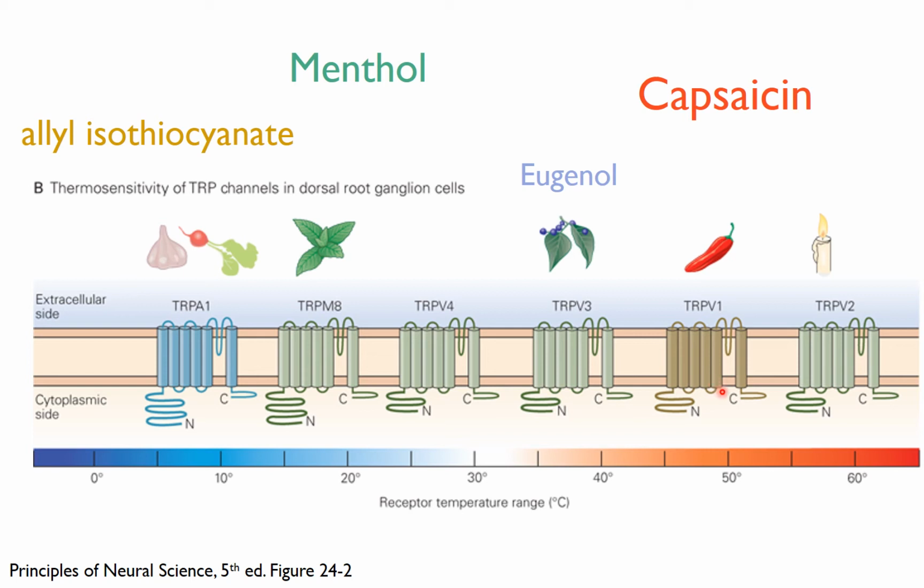And your brain doesn't particularly know why TRPV1 has been activated, just that it has. So that's why the chili pepper taste and the pain associated with it is usually conflated with heat. Now, there are other physiological mechanisms at play as well, but I think that's a big one and it's very important.